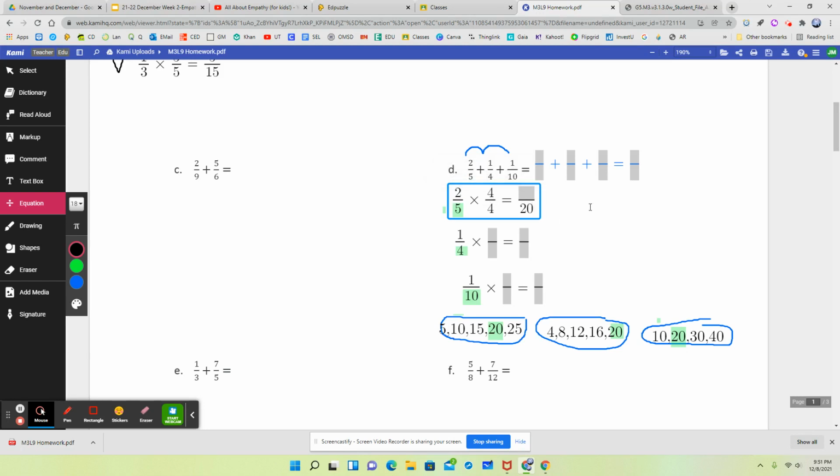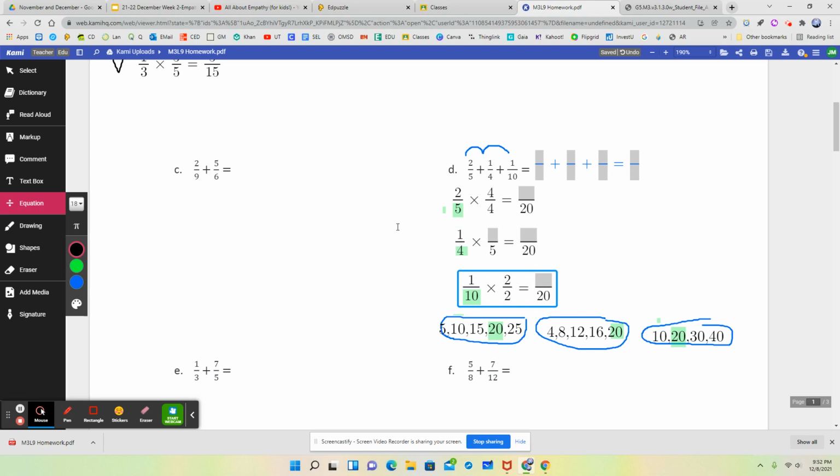Okay, so there's my denominator. The 4, obviously, I'm going to multiply by 5, which will give me a denominator of 20. And the 10, I'm going to multiply by 2 because 10 times 2 equals 20.